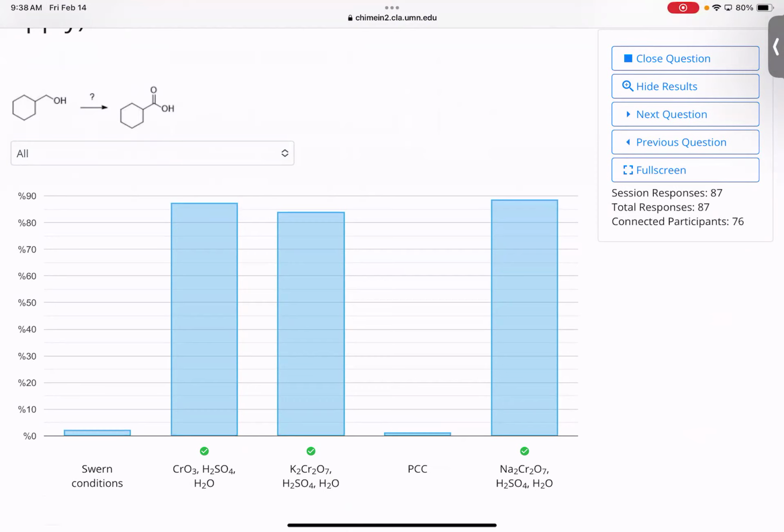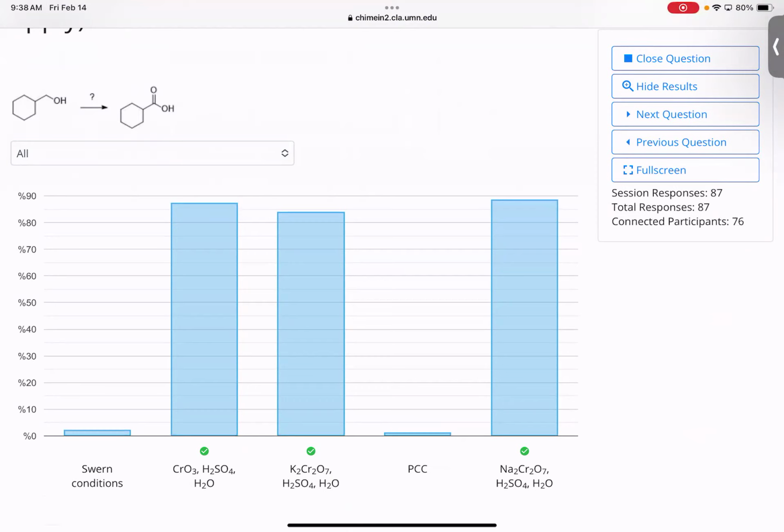All right. So what if we don't really want to go to the carboxylic acid? Say we want an aldehyde or a ketone. Is there a way that we can do that? Well, we know the ketone we can get to from using whatever we want because it can never further oxidize. But what about our aldehyde situation?